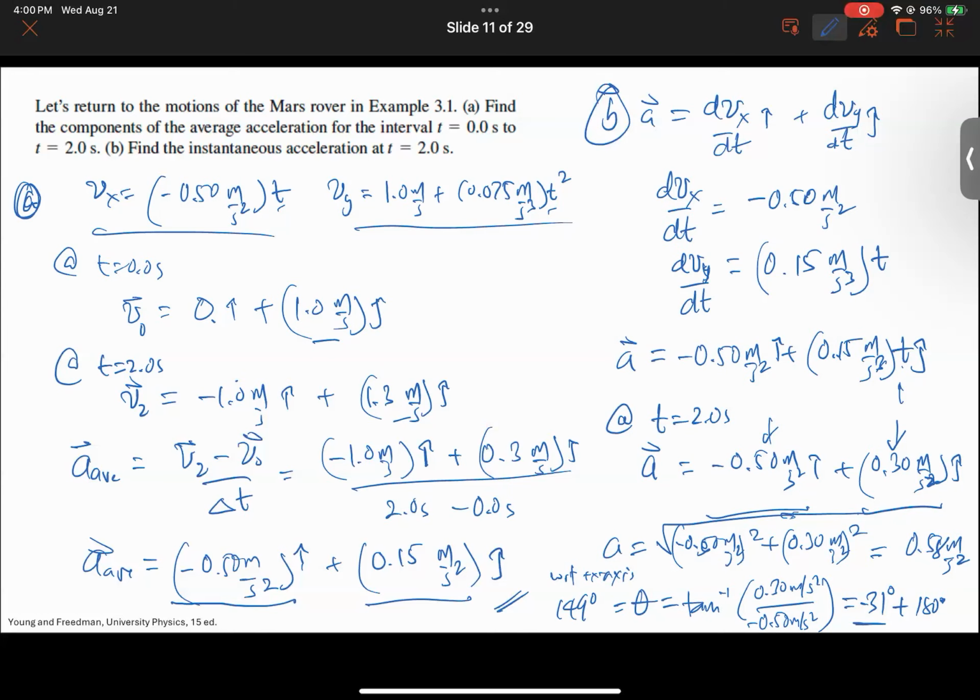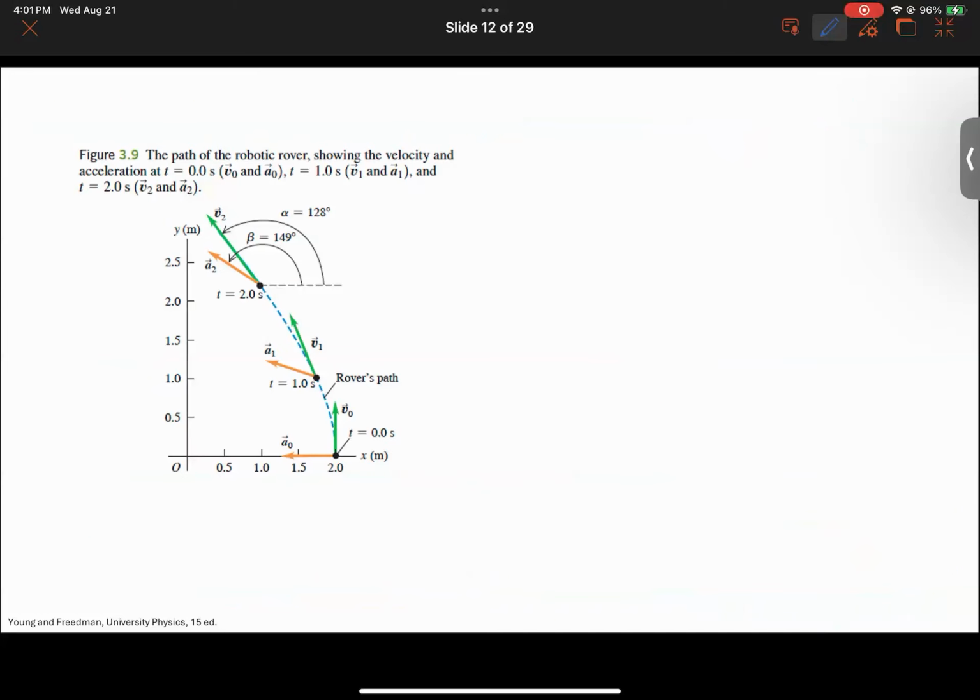Okay. And yun nga yung makikita natin dito sa figure. Makikita natin na yung acceleration vector na A2 has an angle of 149 degrees with the positive x-axis, and yung magnitude niya is 0.58 meters per second squared.